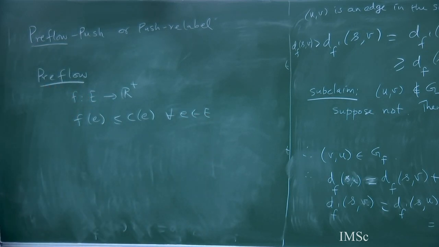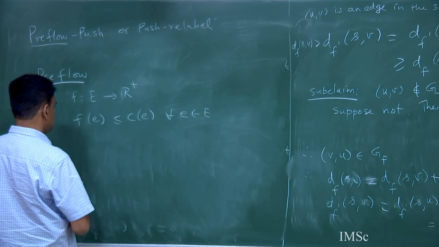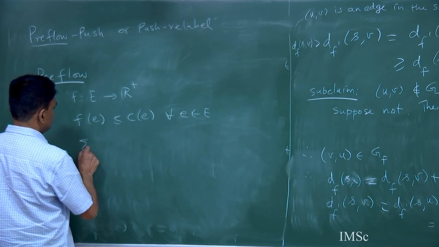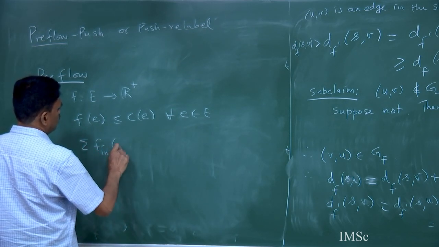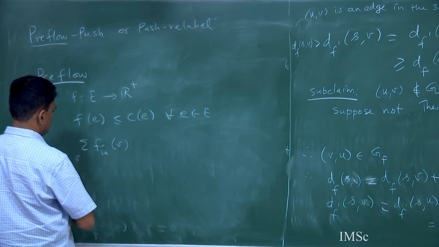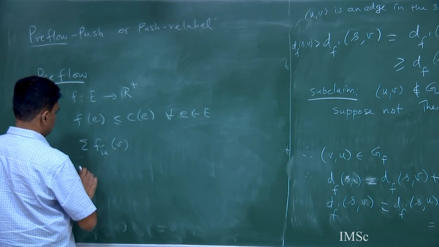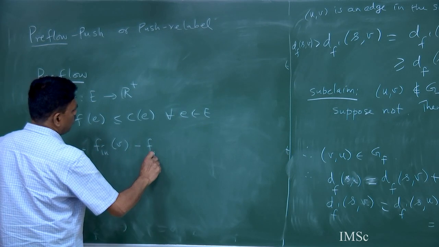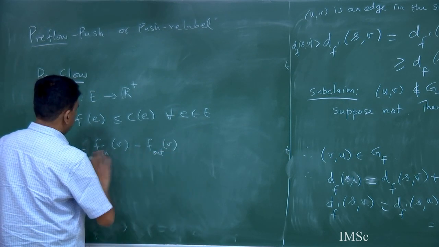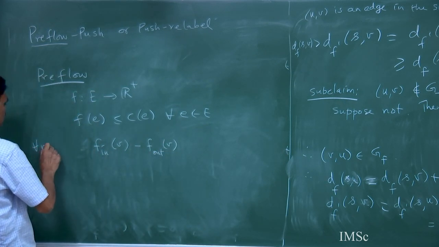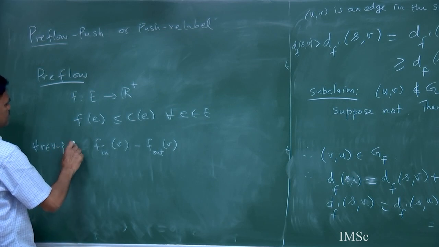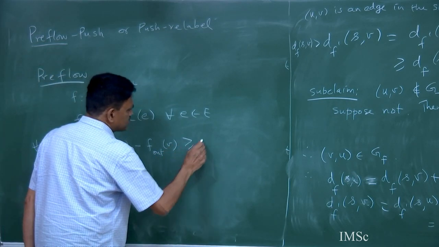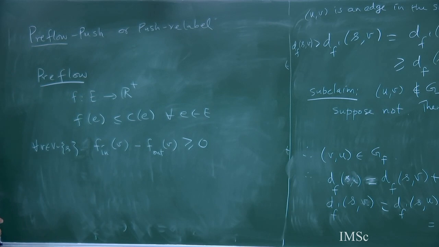We don't care about the conservation constraint. But we do care about what? We ensure that summation flow into a vertex minus flow out, for all V in V minus S, is greater than or equal to 0, not necessarily equal to 0.